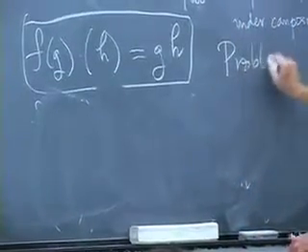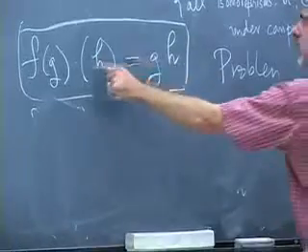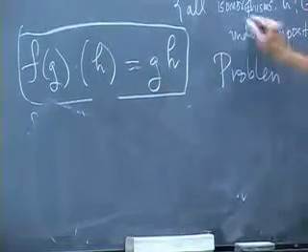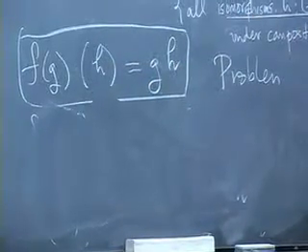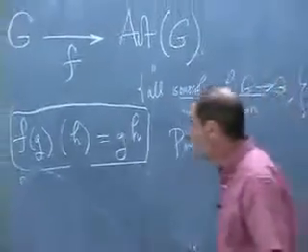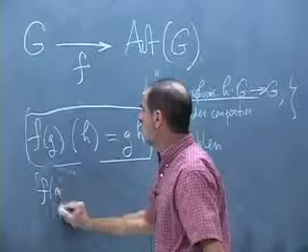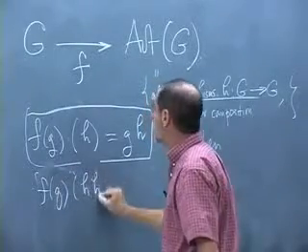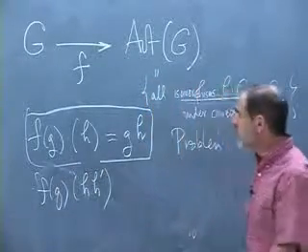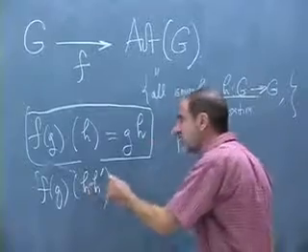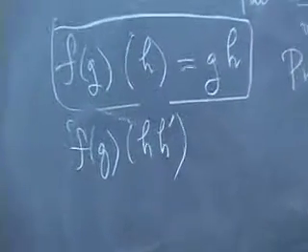Problem. This map that takes h to gh is not an isomorphism of groups. It's an isomorphism of sets. Namely, if I apply this f of g, I did it the wrong way, to hh prime, there we go, that has to be f of g of h times f of g of h prime.